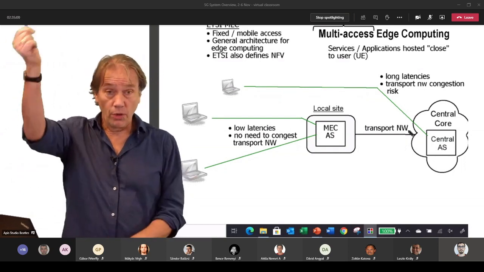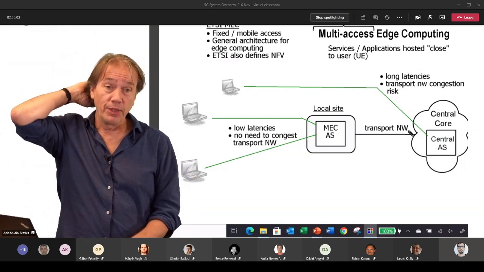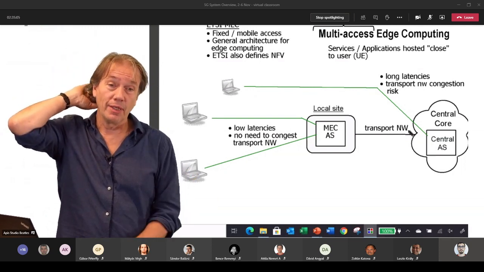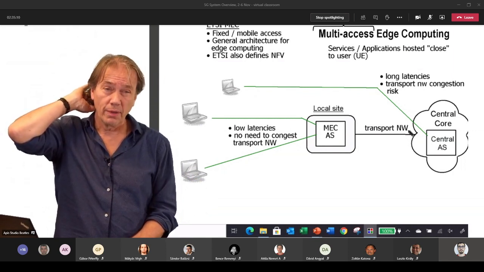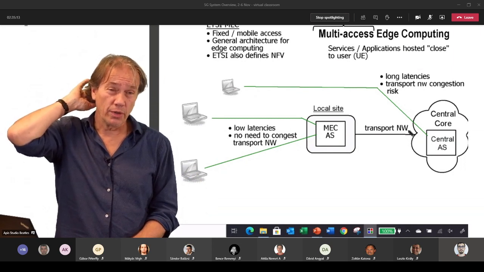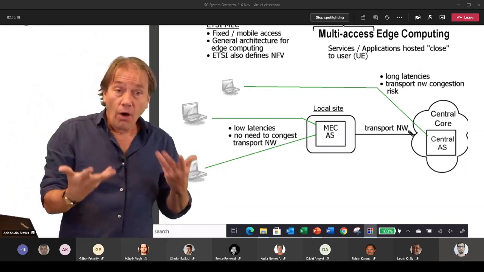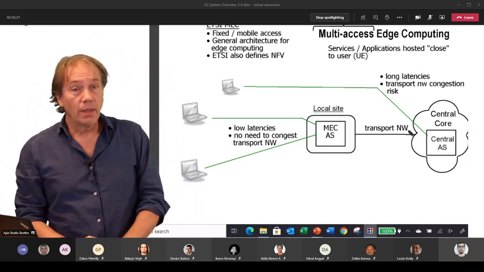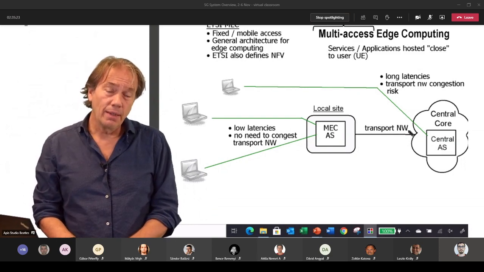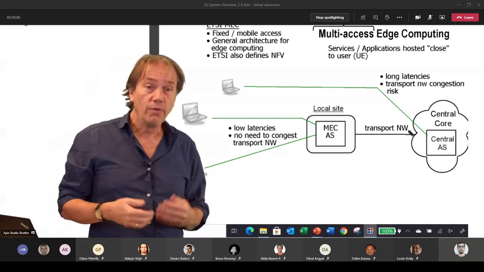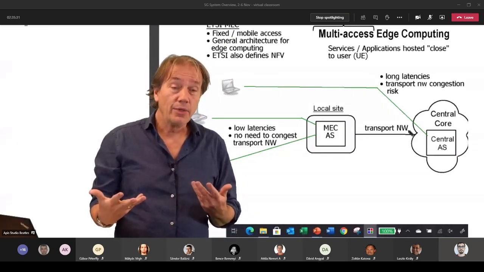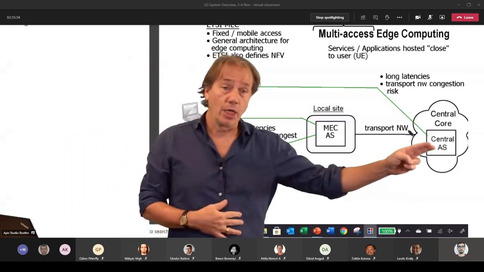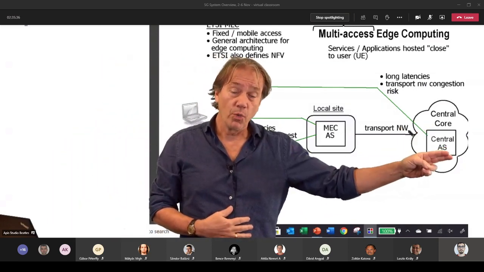We can say that this is done, of course, already today and has been done for many years in content distribution networks or content delivery networks, CDNs. And obviously, if you are streaming down some new episode of some popular Netflix or HBO or whatever series, you're not streaming from some application server far away.